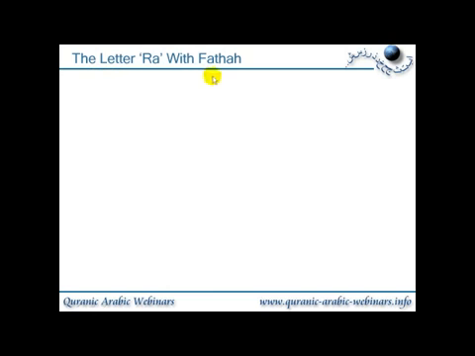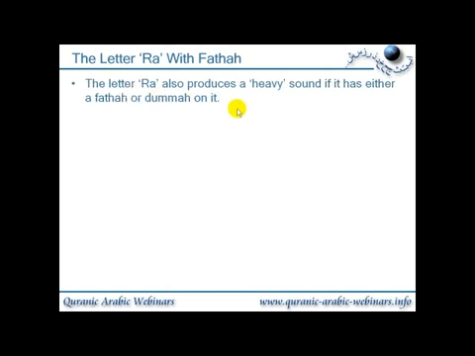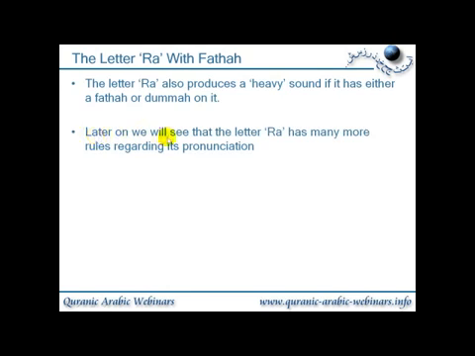The letter ra with fatha. The letter ra also produces a heavy sound if it has either a fatha or a dhamma on it. Later on, we will see that the letter ra has many more rules regarding its pronunciation, and it is one of the more difficult letters to learn all the rules for.